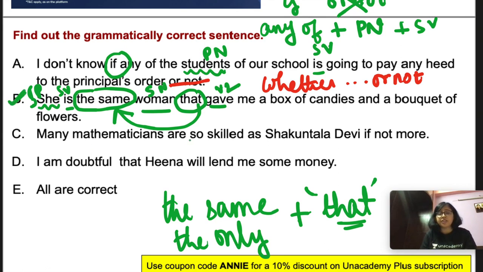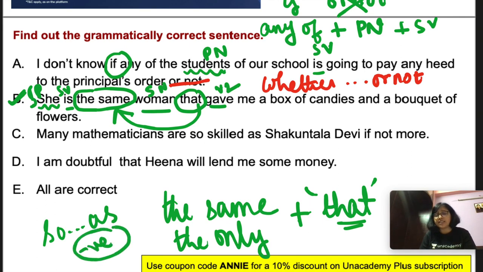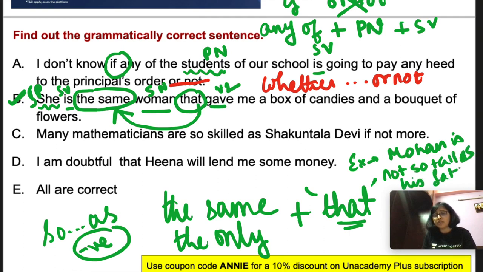Many mathematicians are so skilled as Shakuntala Devi, if not more. Now "so as" is used when the comparison is of negative sense. For example, Mohan is not so tall as his father. Here the comparison is of negative sense because we have used "not."